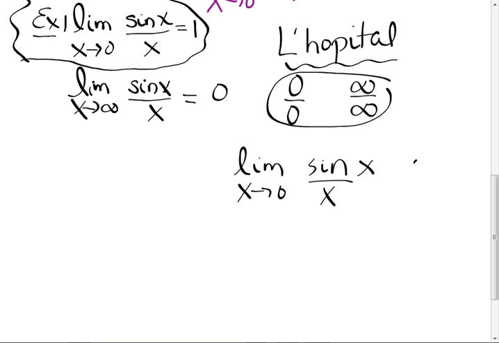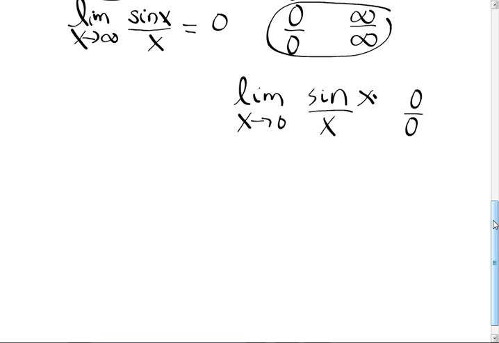So let's see, is this 0 over 0 as x approaches 0? Yes. Sine of 0 is what? 0. X is 0. So this is what I'm saying on a free response question. If you were going to find this limit using L'Hopital's rule, you must write the 0 over 0 or you don't get credit.